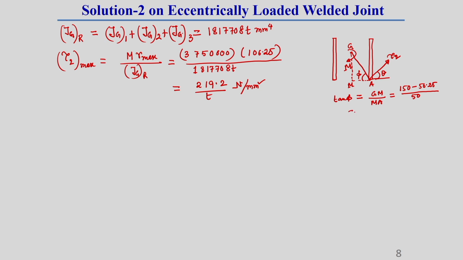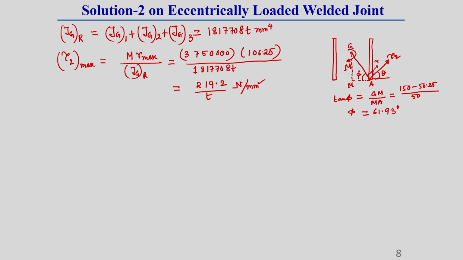So from here we can easily find out what is phi. Here phi we are getting as 61.93 degree.